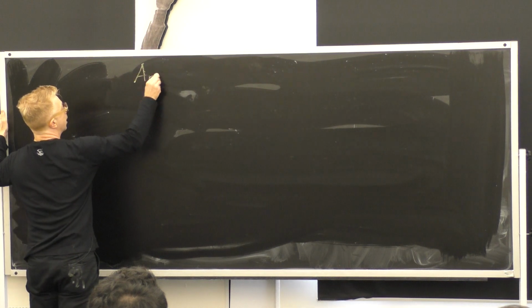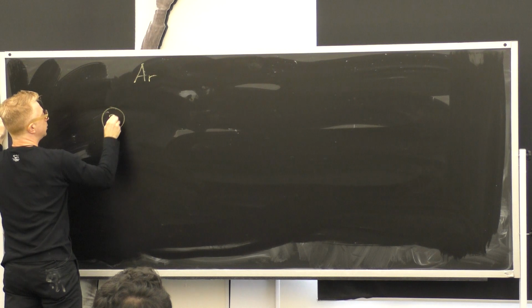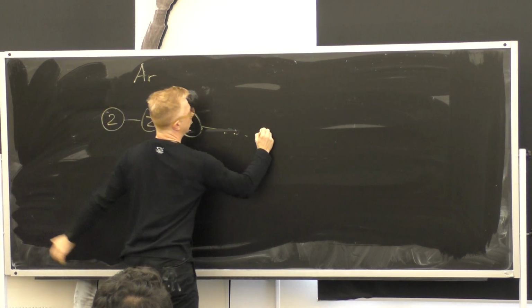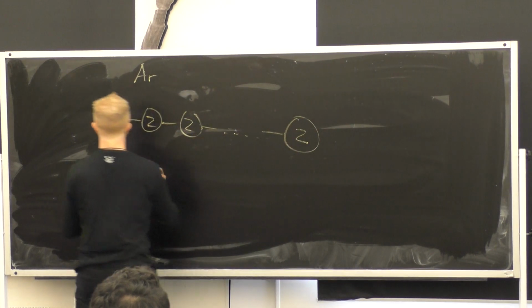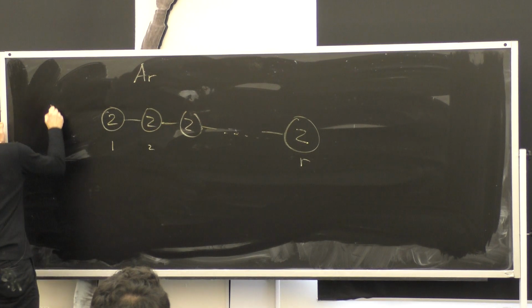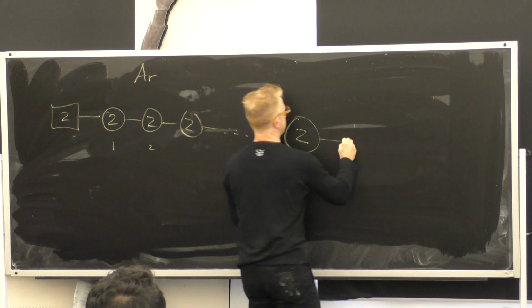Okay, so the other example is the following. We take an R-type quiver, and now we take the n spaces to be two-dimensional. And then we take the m spaces to be two-dimensional at the first node and at the last node.